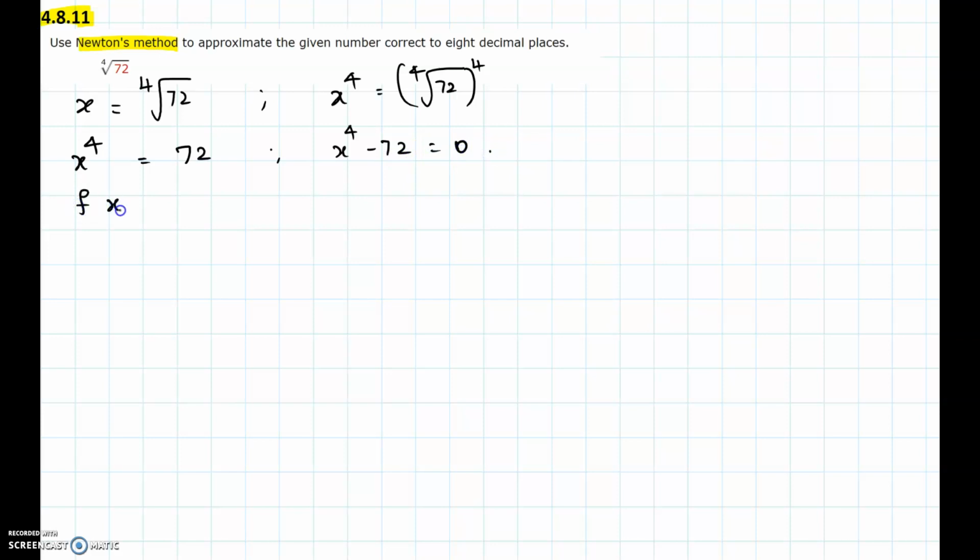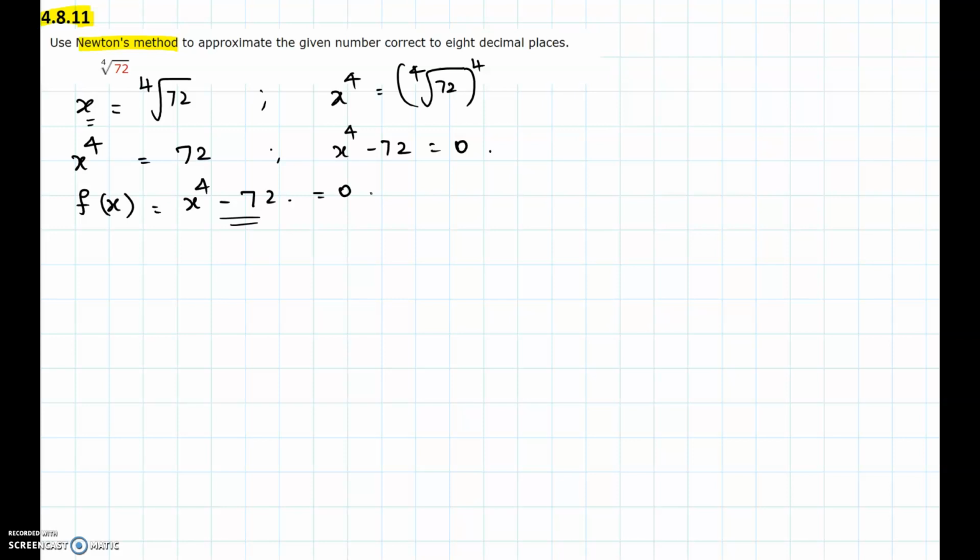If we call f of x as x to the power 4 minus 72, finding the fourth root of 72 actually means finding the root of this equation f of x equal to 0, x to the power 4 minus 72 equal to 0.